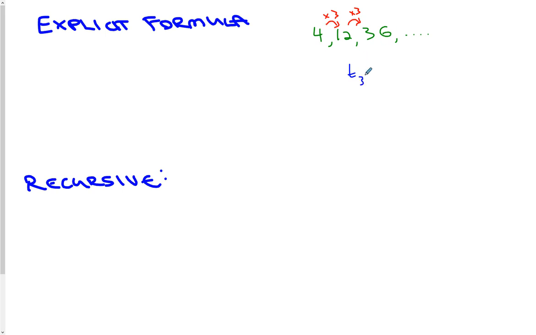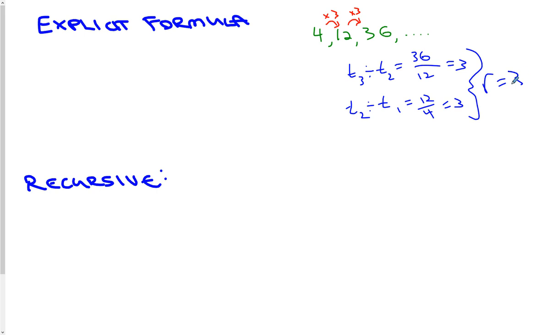I can pick any term, and I'm going to divide it by the one that comes before it. So that's 36 divided by 12, and you get 3. And then you can take, say, your second term and divide it by the one that comes before it. So that would be 12 divided by 4. That's also 3. So that tells us that our common ratio is 3. Each time we're multiplying by 3.